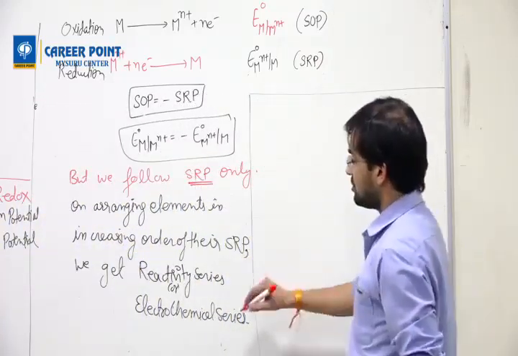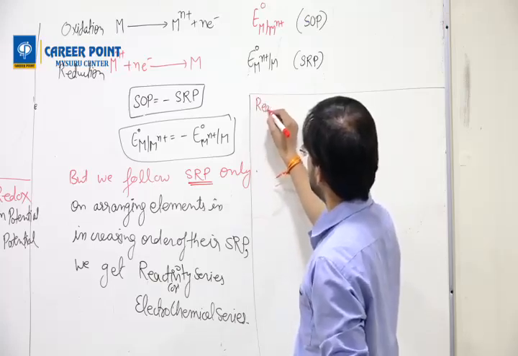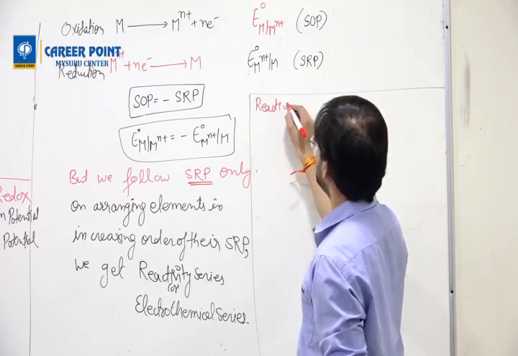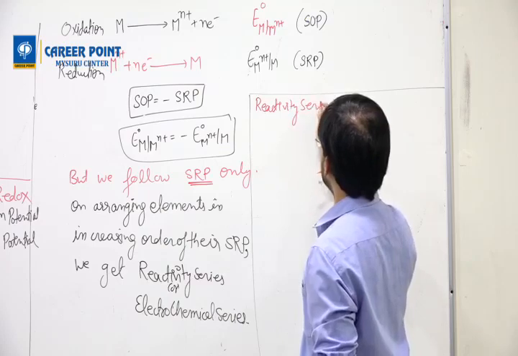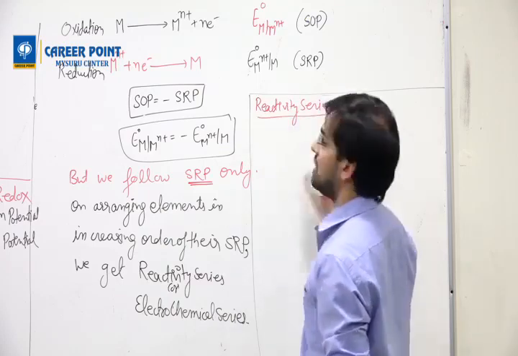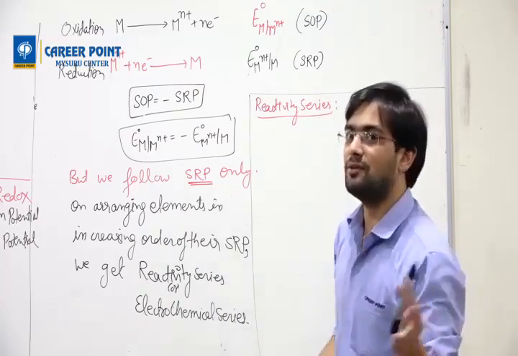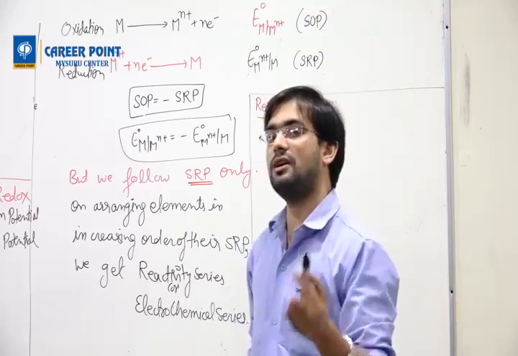So now I'm going to draw that reactivity series, and you have to memorize it, because with this you can decide which element will behave as cathode and which as anode.